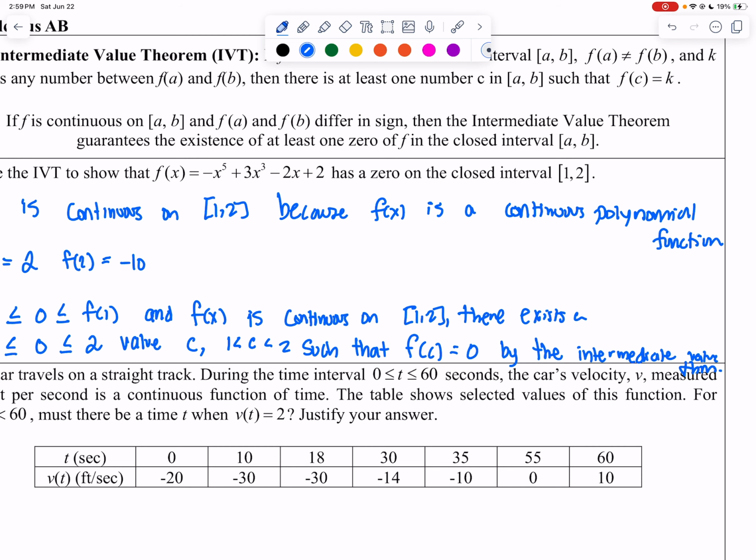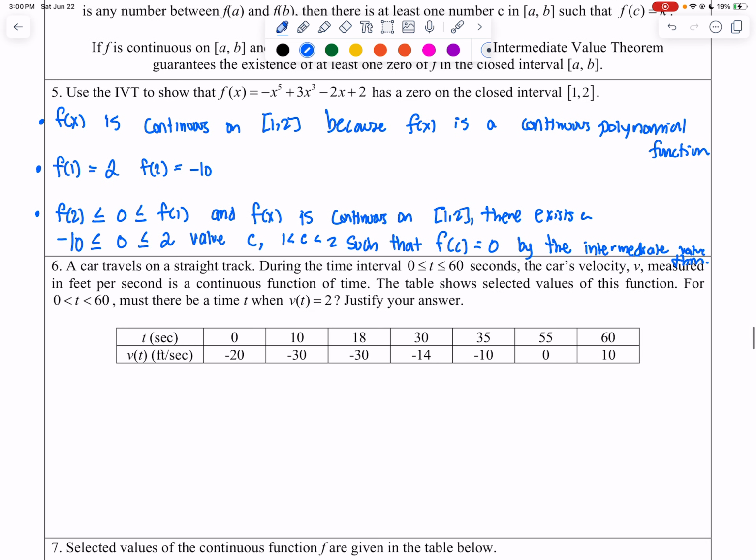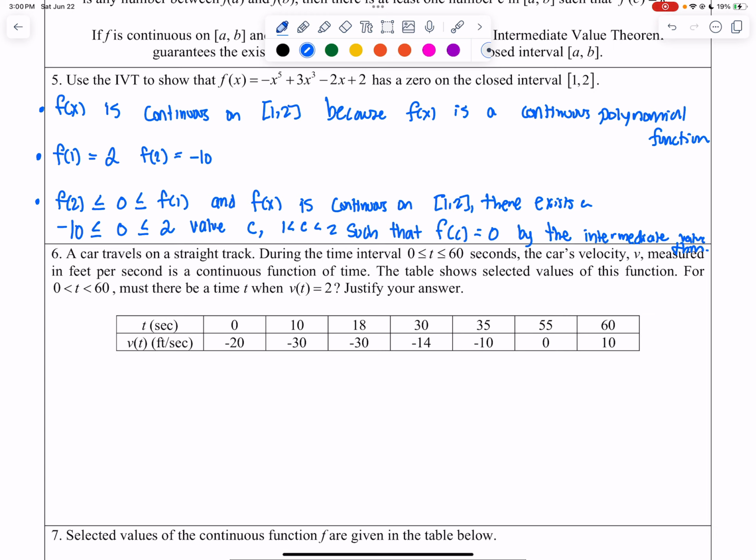Or you can abbreviate by saying IVT, which the graders will understand.